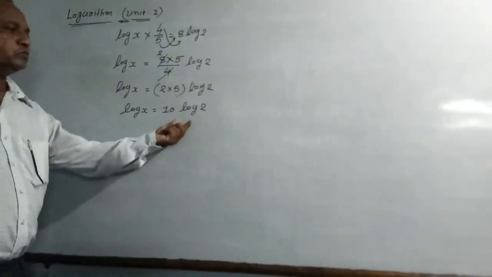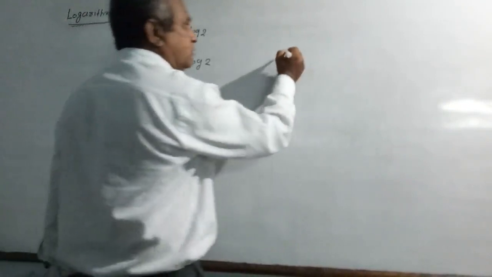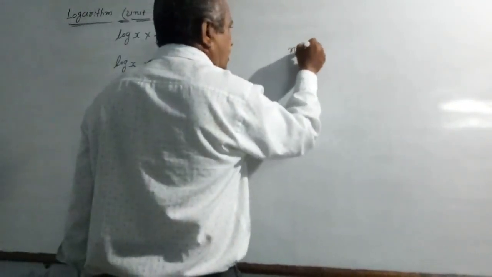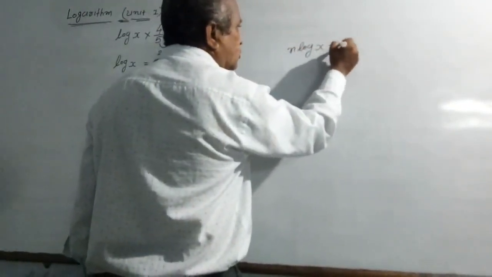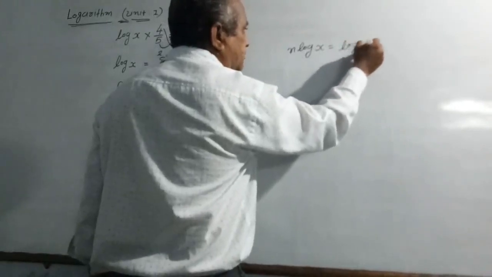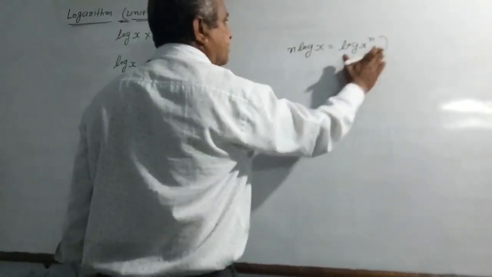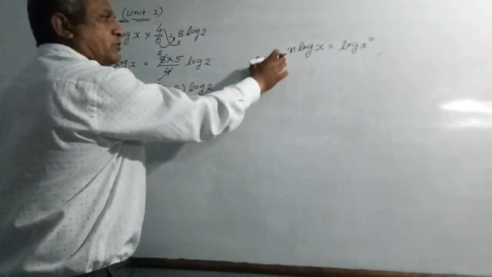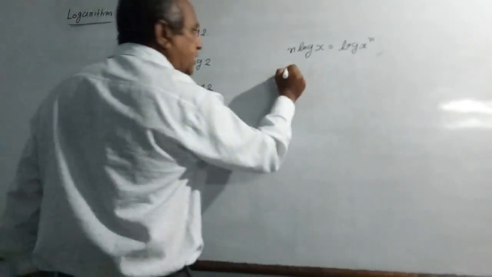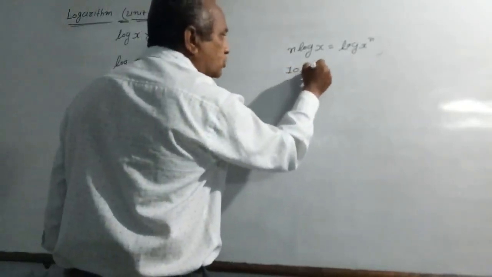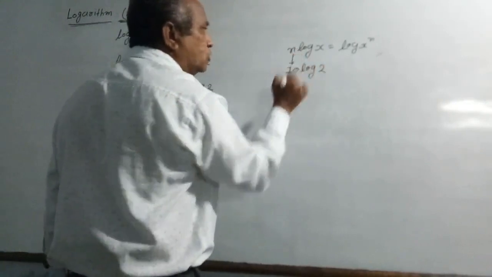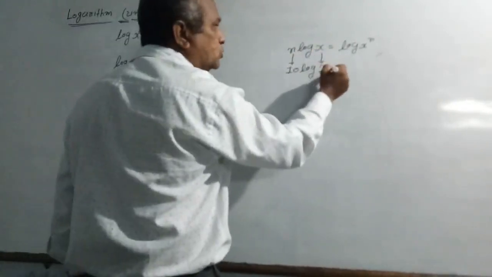10 log 2. But now we know that n log x is equal to log x raised to n. Our formula. So here 10 log 2, n is equal to 10, x is equal to 2.